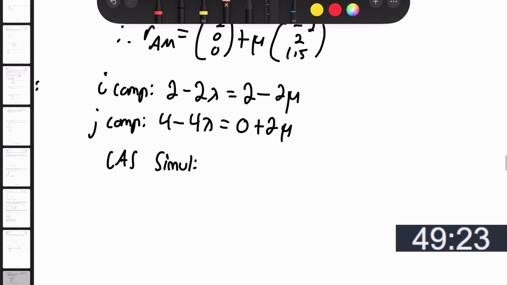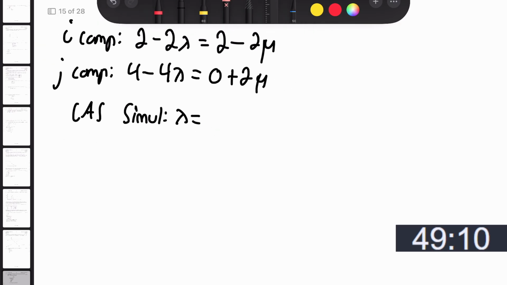Cast simultaneously, 2 minus 2x equals 2 minus 2y, 4 minus 4x equals 2y. Lambda is equal to 2 on 3, and then mu is equal to 2 on 3 as well.